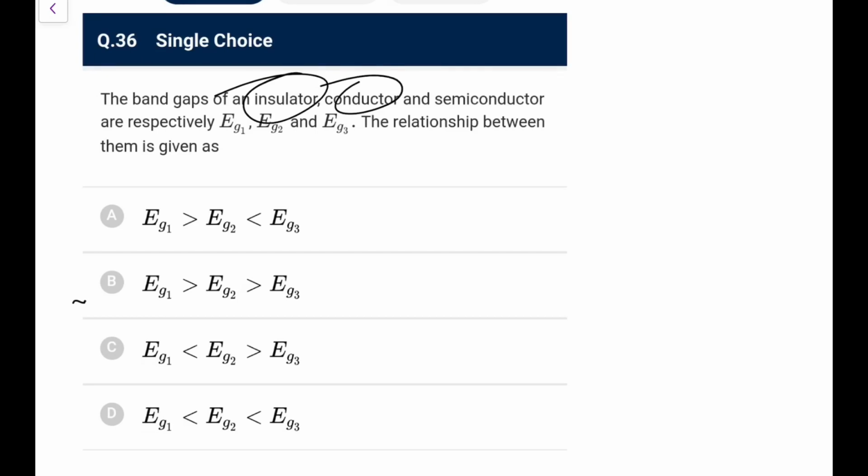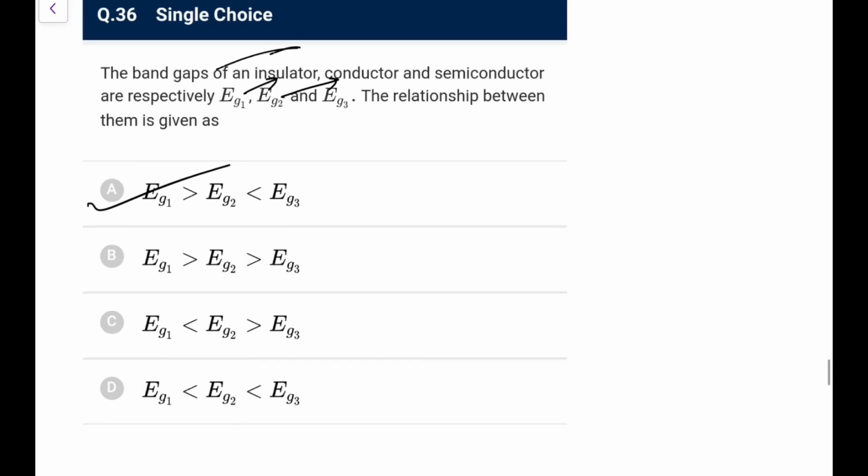So I think it should be B, not A. Conductor is least, they have taken conductor to be 2, sorry, I am making a mistake, conductor is 2 and semiconductor is 3, okay. So just going by their subscripts sometimes becomes difficult. So this is insulator, this is conductor, so EG2 will be least, so this is option A. You can go like this, otherwise no option is matching in the perfect order, so this is the only one we can go for in this case.